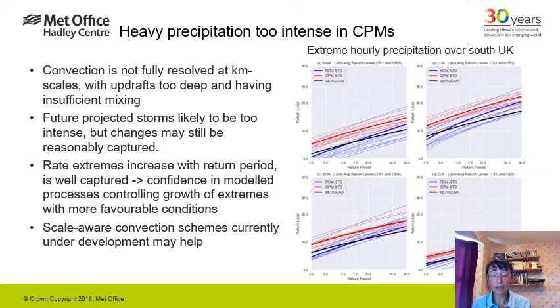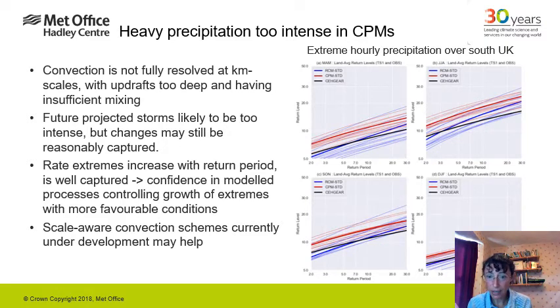Not necessarily. And I think an important piece of evidence is shown here. So these are return levels of rainfall, so extremes of rainfall for 2 years out to 30-year return levels. And what you can see in black is the observed, and then red is the different realisations from UKCP, and you can see they're all shifted upwards, so they're all a bit too heavy rainfall, but the shape of the line is captured well, whereas that's not the case for the blue, which is the coarser resolution 12 kilometre regional model.